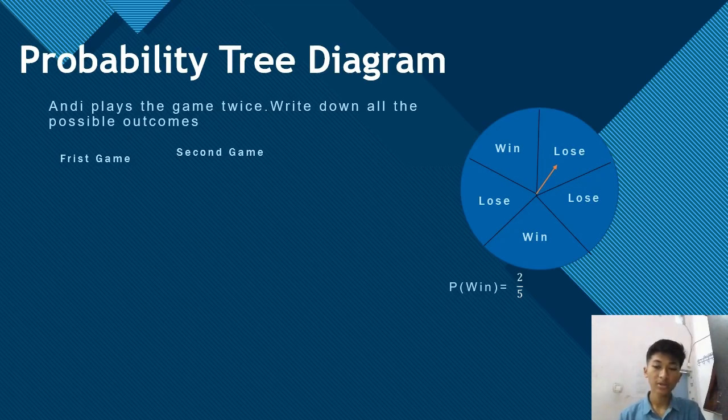If we look at the spinner, there are two sections for win and 5 altogether, so the probability for win is 2/5. If we then look at loss, there are 3 sections, so the probability of loss is 3/5.